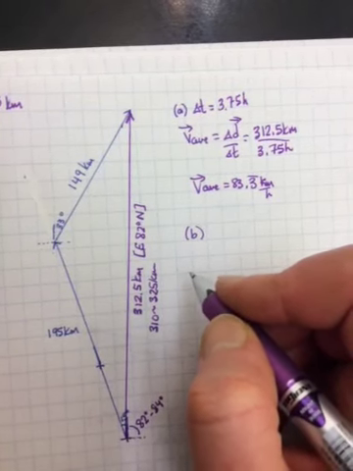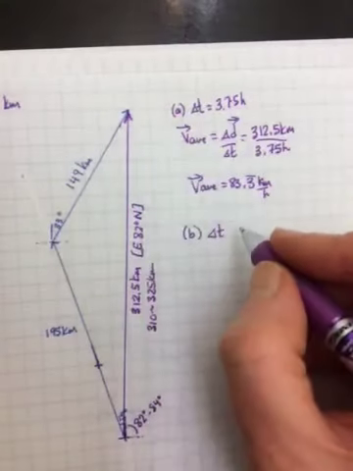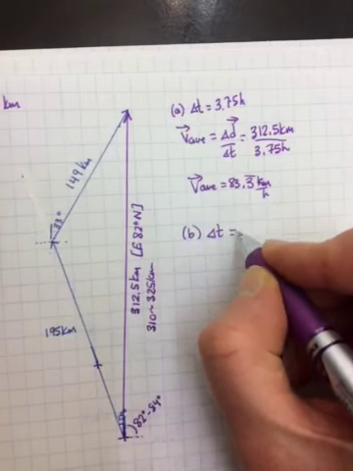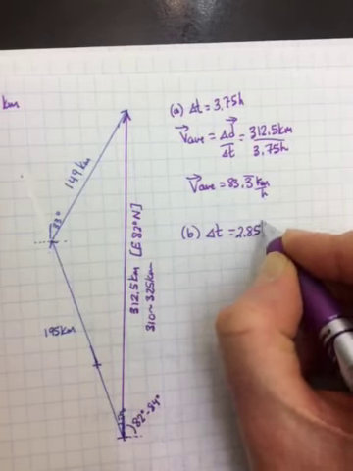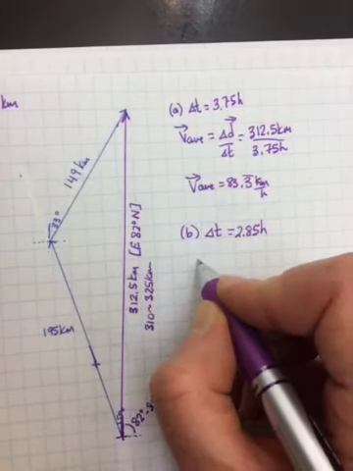The B part says now the pilot's going to fly straight back. He's not going to do the two things. He's just going to come straight back. And so the time he does that in is 2.85 of an hour, and he wants to know what the velocity would need to be.